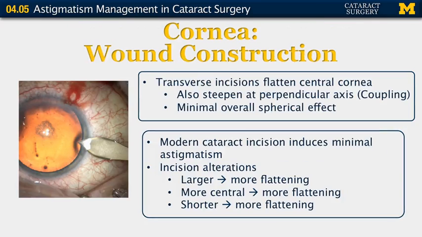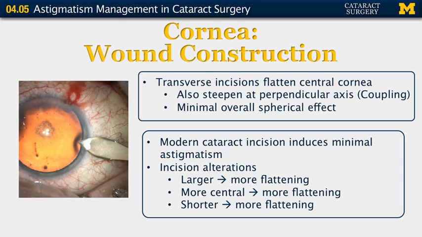So the first thing that you can do to affect corneal astigmatism is just to change your wound construction. A transverse incision will flatten the central cornea and also steepen the cornea at a perpendicular axis. You have minimal overall spherical effect, but you do have an effect on the astigmatism.